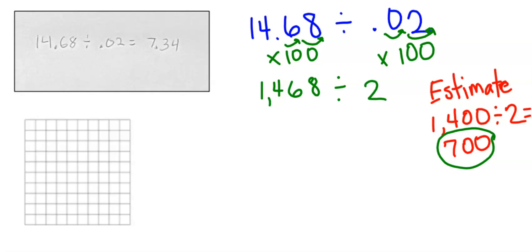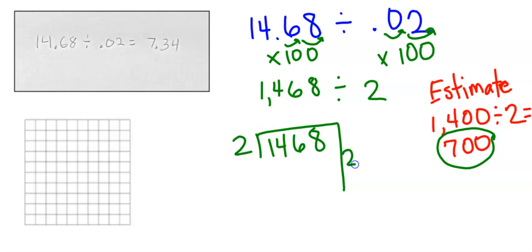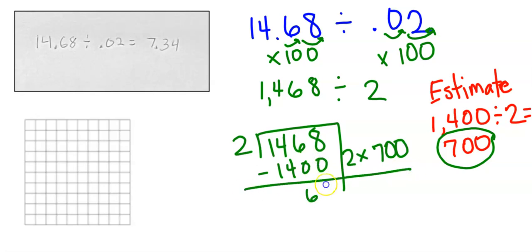So I could take 1,468 and divide it by 2. I can start off with that estimate because that's going to help us. 2 times 700 is 1,400. If I subtract that, that's 68.